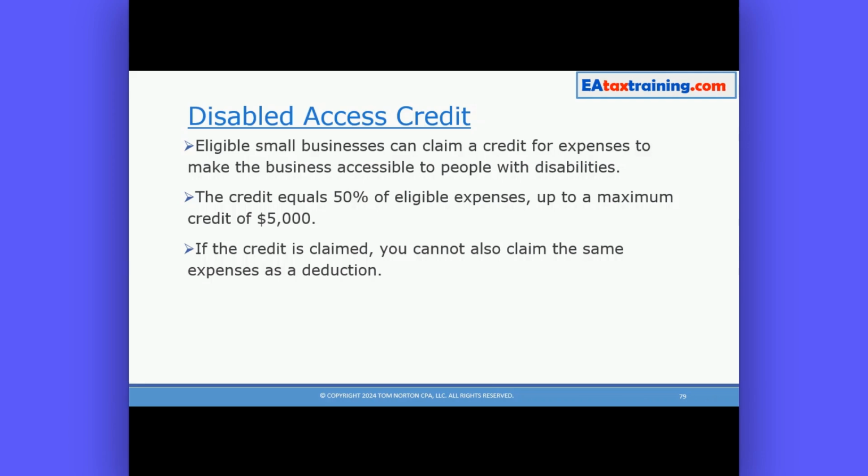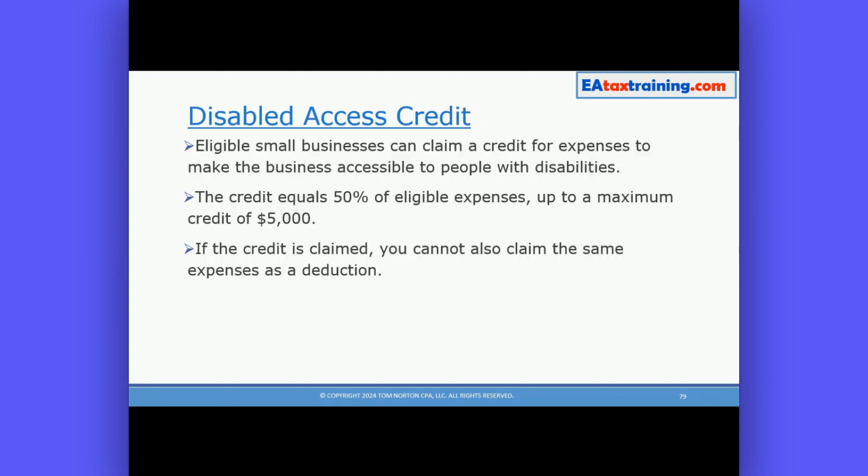Now, I said you're always going to want to take the credit, but it may not be always. Maybe you have so many credits that you're going to wipe out all of your tax. And remember, these are non-refundable. And yes, you can carry it forward or carry it back, but you might say, you know what, instead of doing that, I'm going to claim as many credits as I can to wipe out my tax liability.